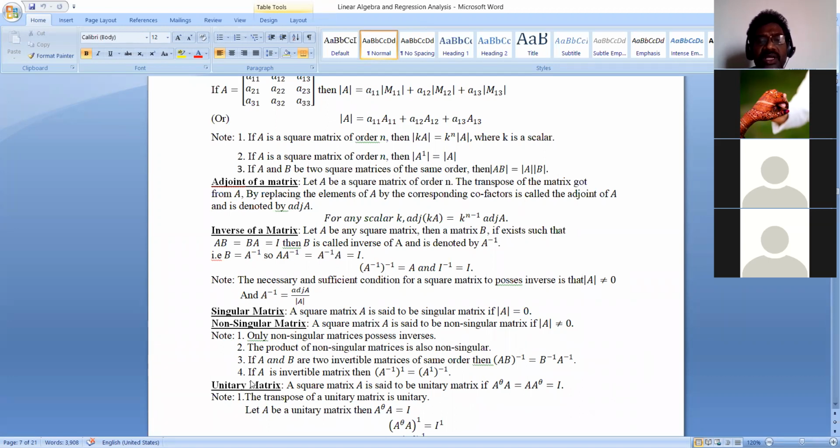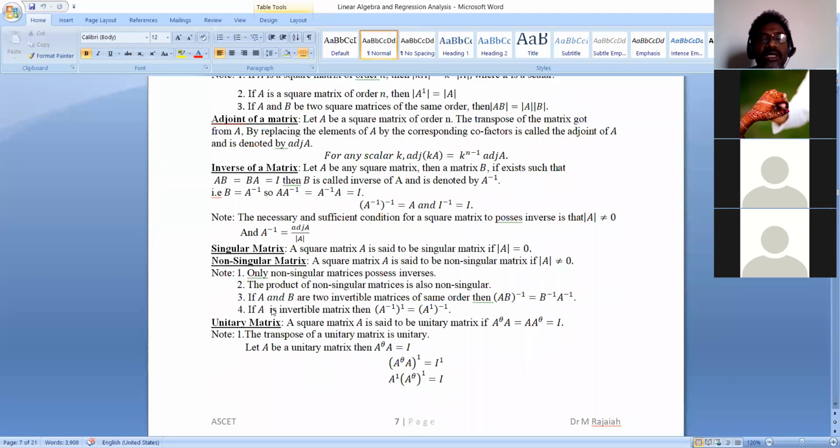Next, in the same way, if A is an invertible matrix, then A inverse whole transpose equals A transpose whole inverse. These are some basic results on singular and non-singular matrices. A singular matrix has no inverse.